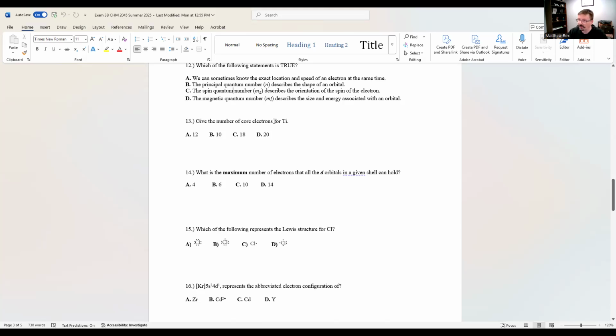Give the number of core electrons for titanium. If we go to our periodic table, titanium is element 22. If we work our way back to the closest previous noble gas, that would be our core electrons.